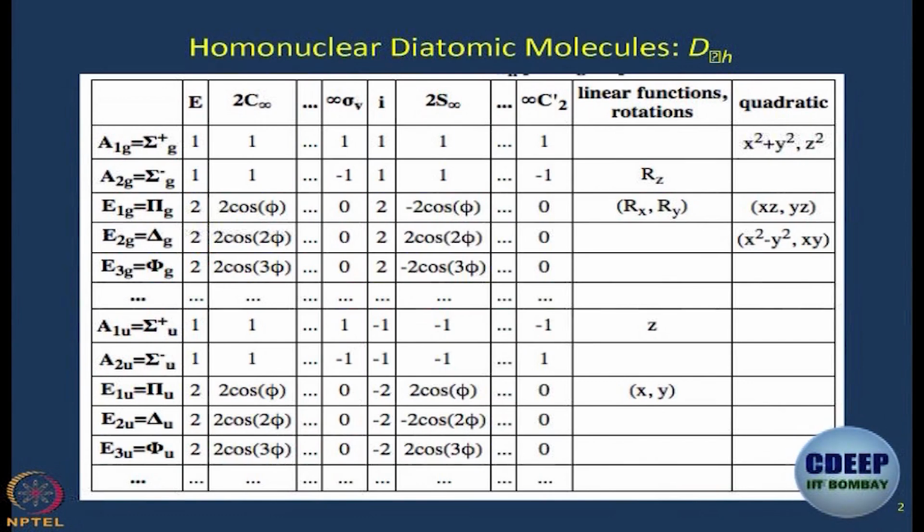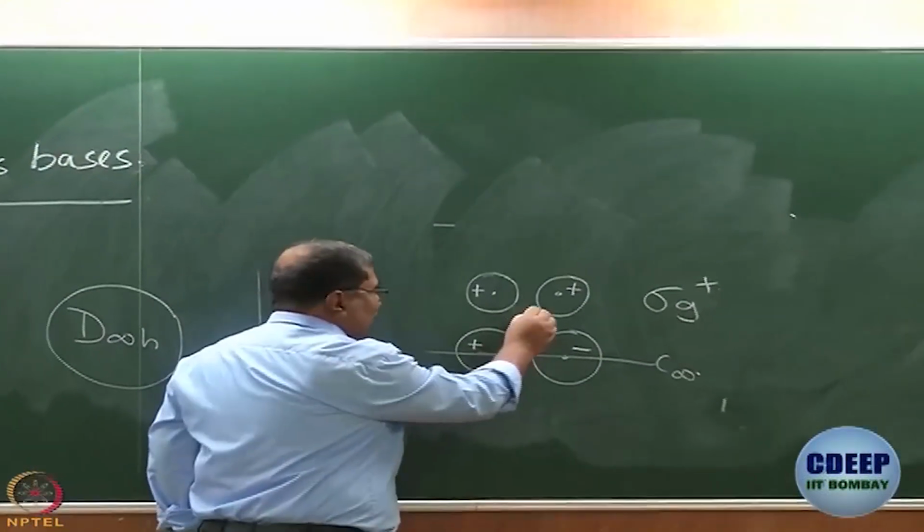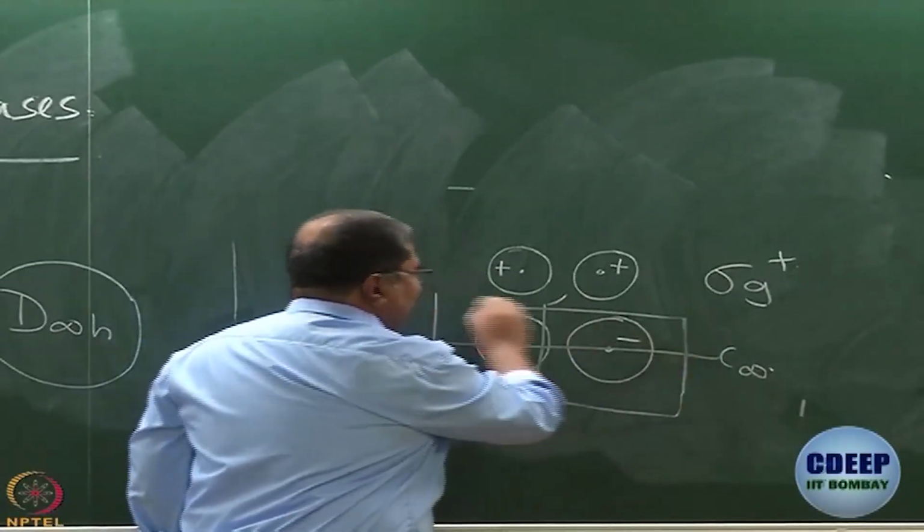Not minus 1, be careful. 1, confident, 1, okay, then it is 1. What is the character for sigma V? Where is sigma V? This is your C infinity, right. So, do not forget horizontal plane is like this and sigma V is the plane of the board.